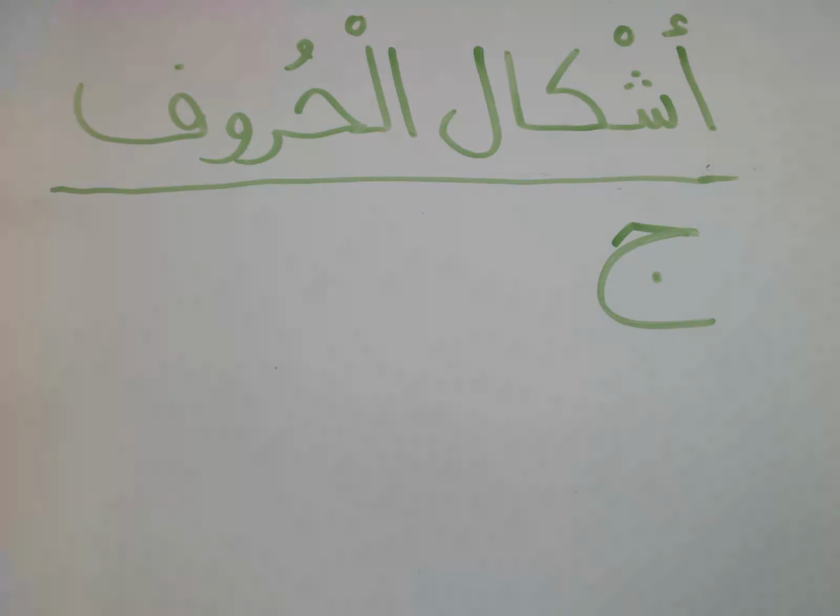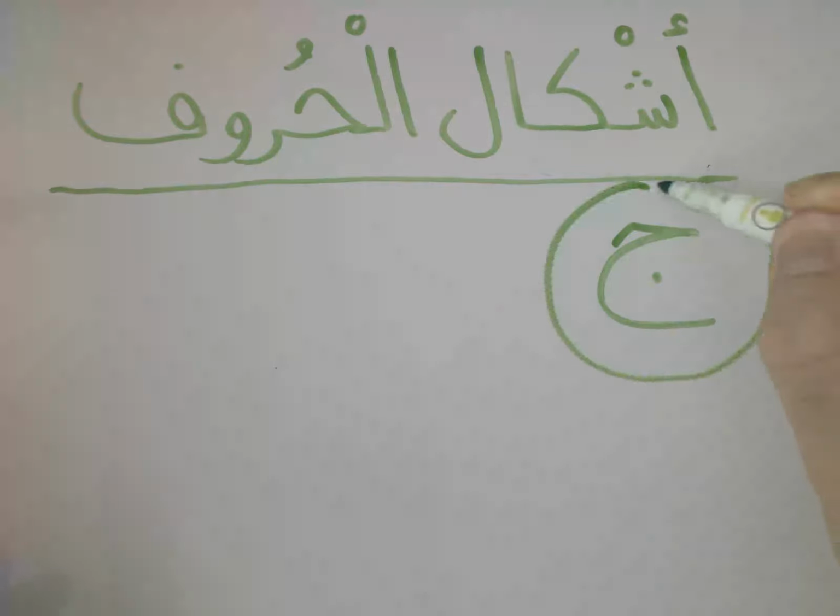Today we learn 3 or 4 forms. Actually, you are going to learn 4 forms for this letter Jim. Every letter has, I forgot to mention, four forms, not just the 3 that are initial, medial, and final, but it's also very important to learn the isolated form of a letter, because this is what you see even in words.